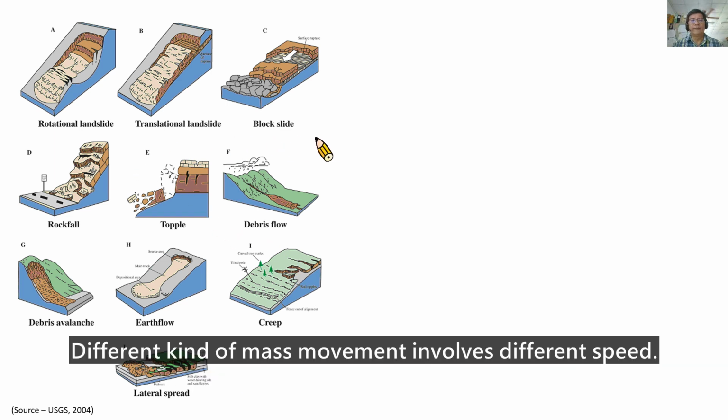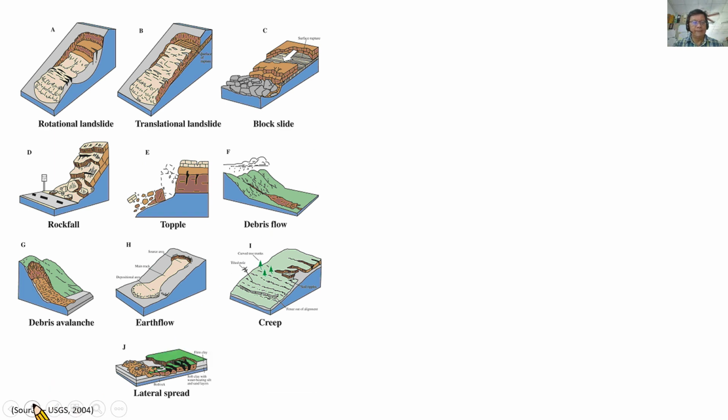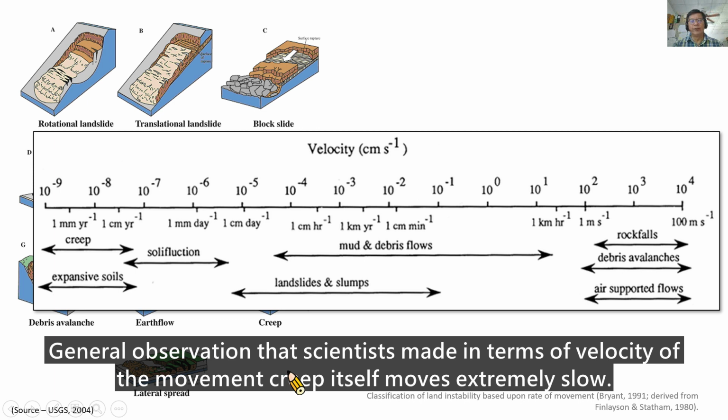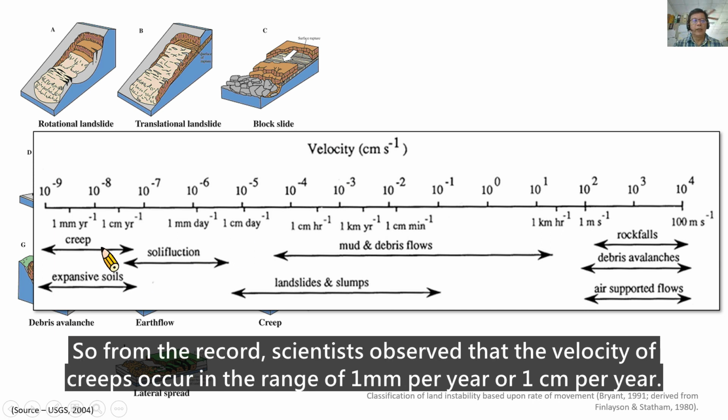Different kinds of mass movement involve different speeds. So this is the general observation that scientists made in terms of velocity of the movement. Creep itself moves extremely slowly.